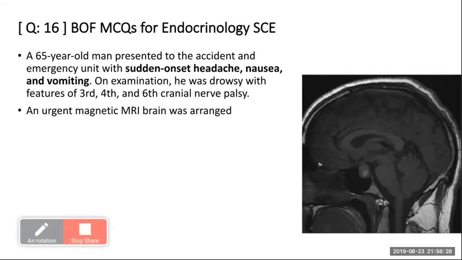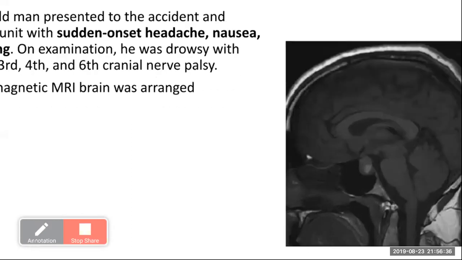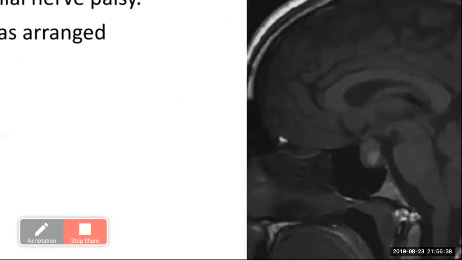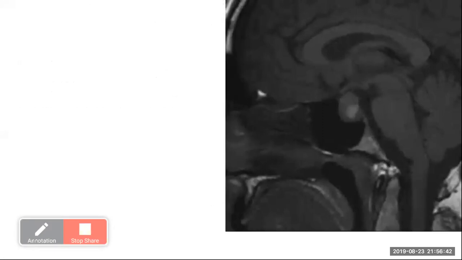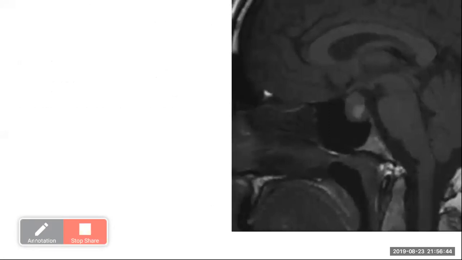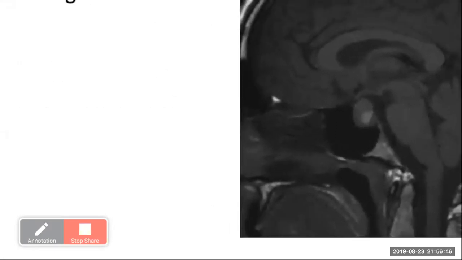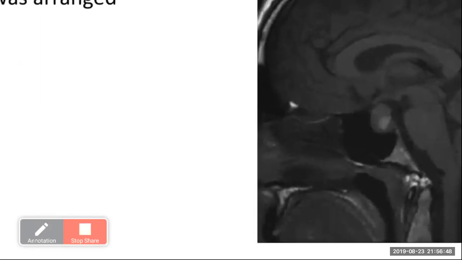Pituitary apoplexy. Good. Yes, we see here a coronal image with an enlarged pituitary gland and high signal within it. It is blood, and with this clinical case, it is hemorrhage.